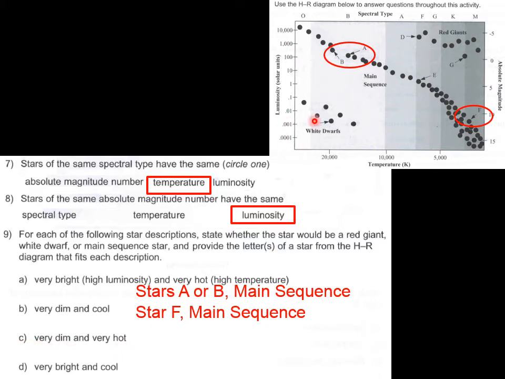So dim is down here, but hot is here. So we're talking about white dwarfs, and a good case is star C. And finally, case D is bright and cool. Bright, cool meaning low temperature, so we're talking about red giants. Any of these will do, probably D or G.